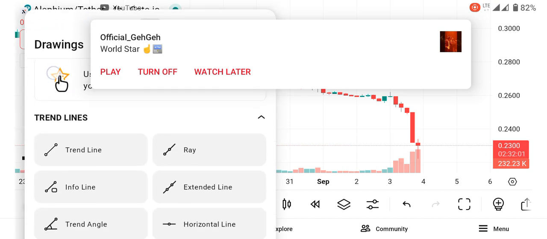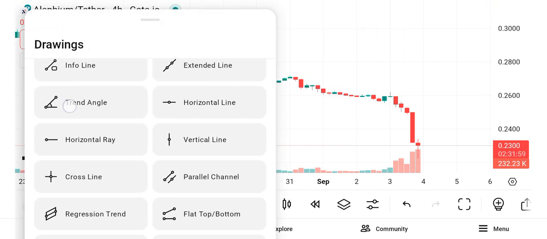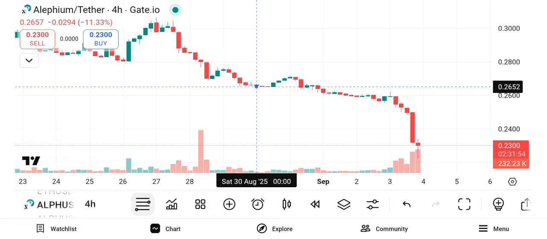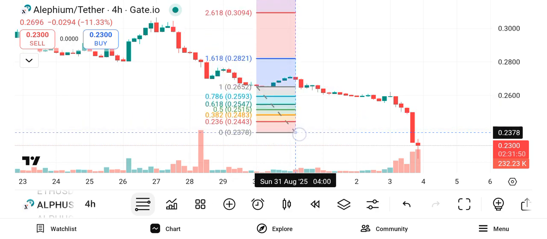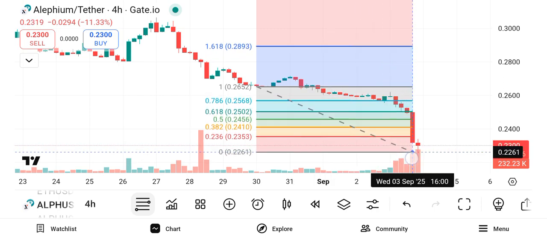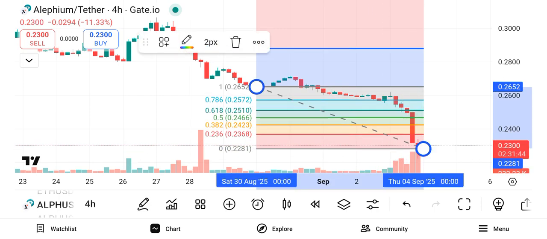Fibonacci retracement. I want to place it very well. This will be one of my points, and this will be my second.